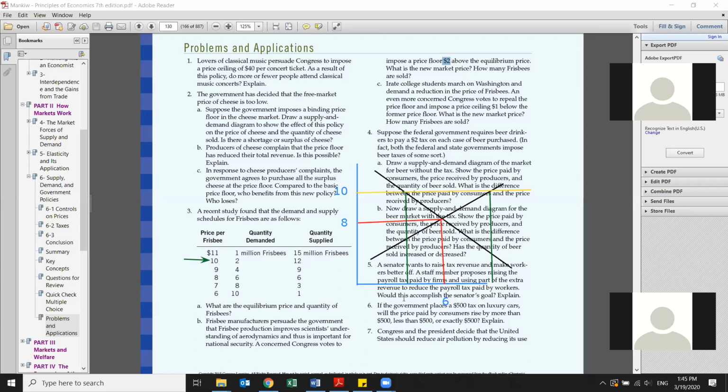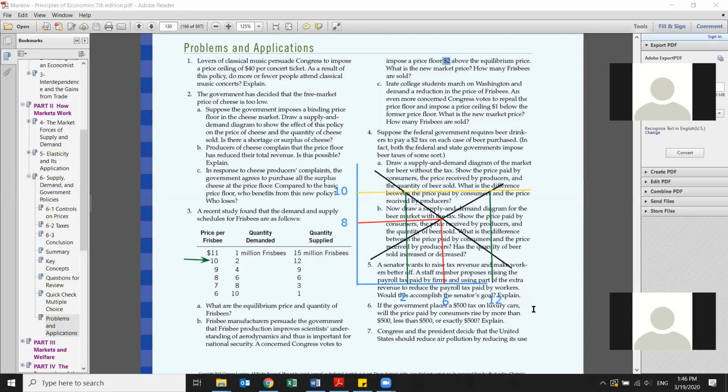So here we have 2, and here we have 12. At that price, only 2 million frisbees are sold because that is the quantity demanded.